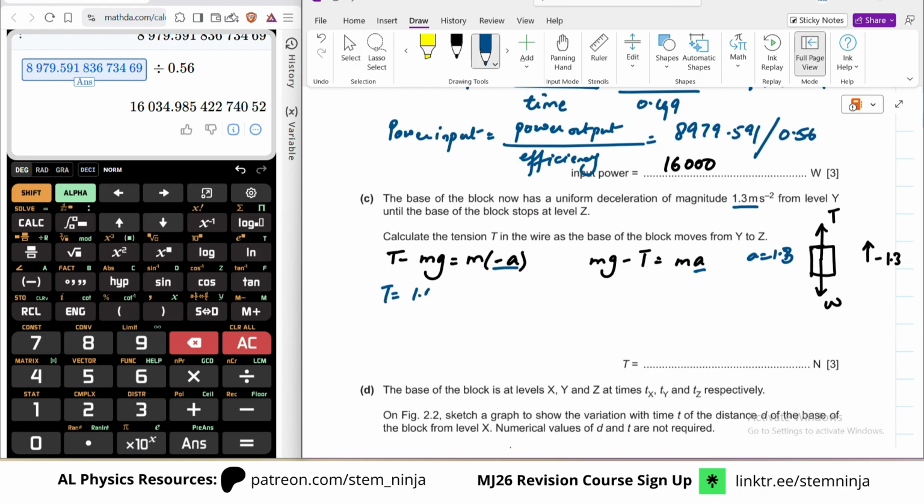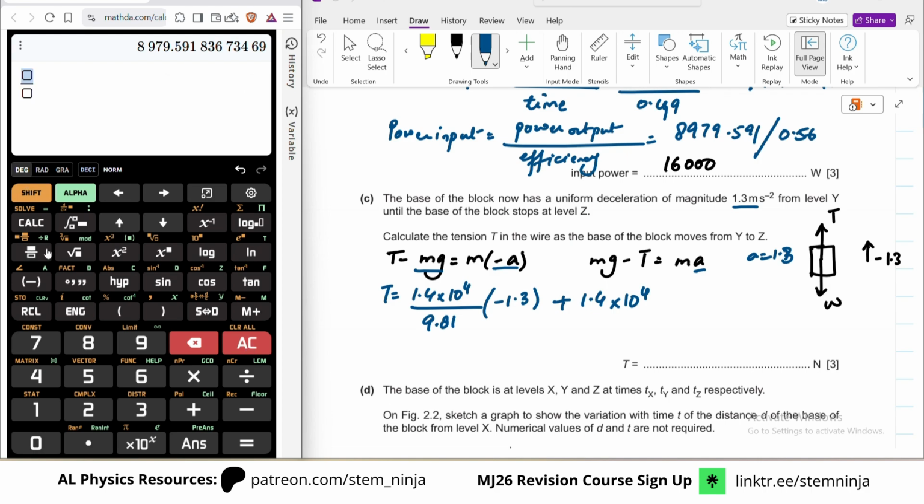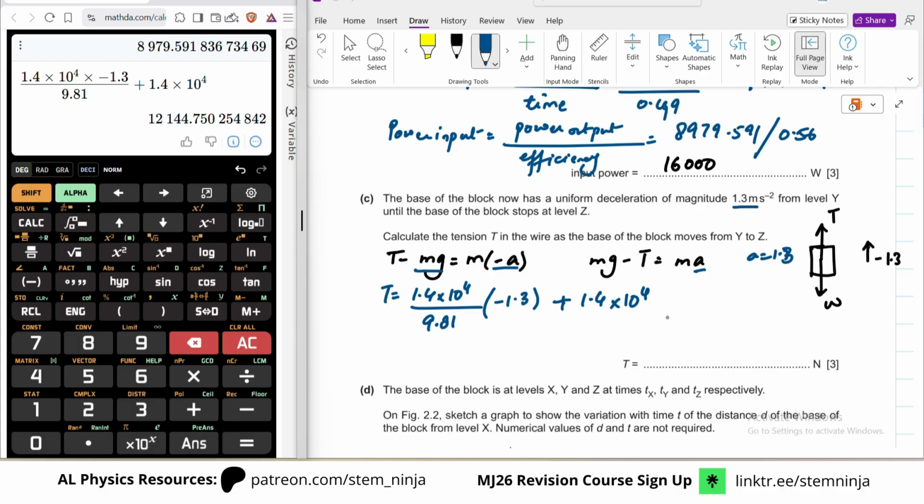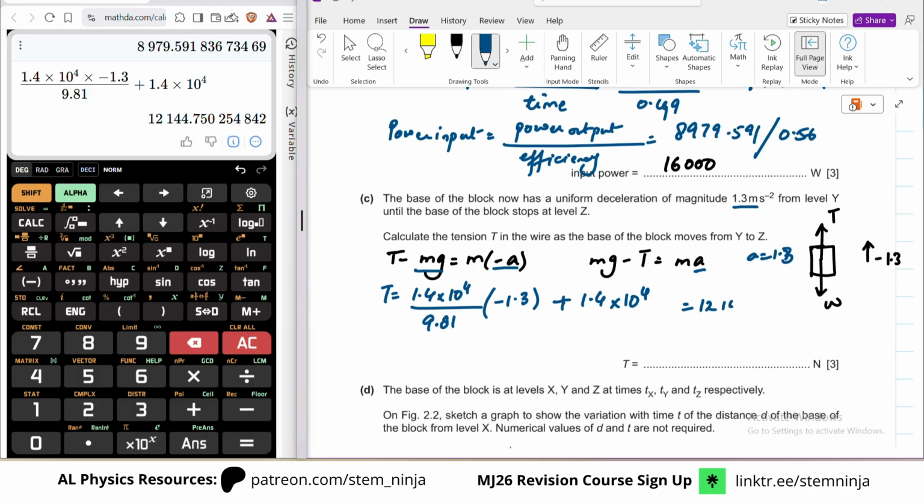So T is weight times minus 1.3 divided by 9.81 plus the weight, since mg is just weight. So 1.4 times 10 raised to power 4 times minus 1.3 divided by 9.81 plus 1.4 times 10 raised to the power 4, we get 12,000. So 12,000, to two significant figures.